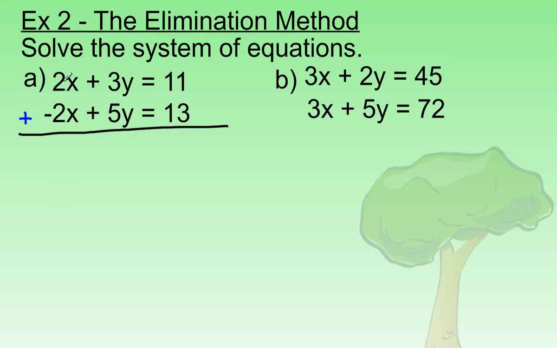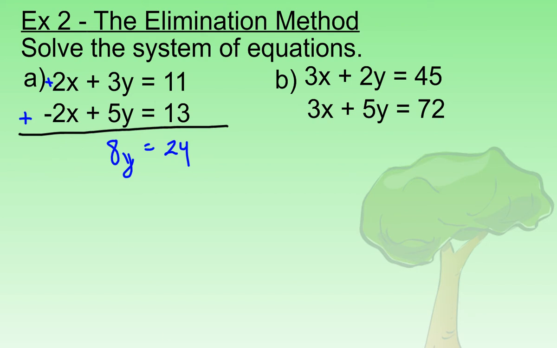Watch what happens. A positive 2 added to a negative 2 is 0. This piece cancels out. It is eliminated. 0 x's. 3 plus 5 is 8 y's. 11 plus 13 is 24.